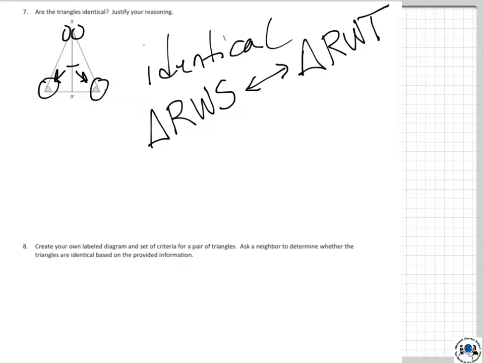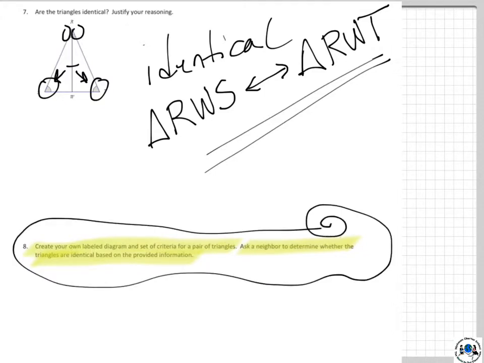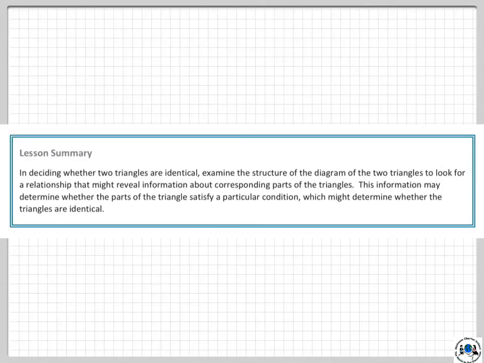Number 8 here says create your own labeled diagram, a set of criteria for a pair of triangles. Ask a neighbor, or ask your mom, dad, sister, brother, friend, if you'd like to do this, to practice a little bit, but I'm sure you'll get some practice in your problem sets. So, with no further ado, let's close this lesson here.